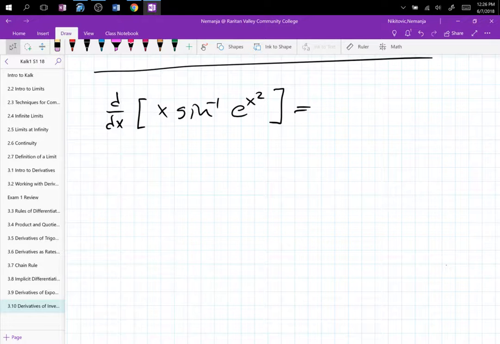You have the function x times the inverse sine function. So copy the first times the derivative of the second, plus copy the second times the derivative of the first, which is 1. I gave you half of the problem already.